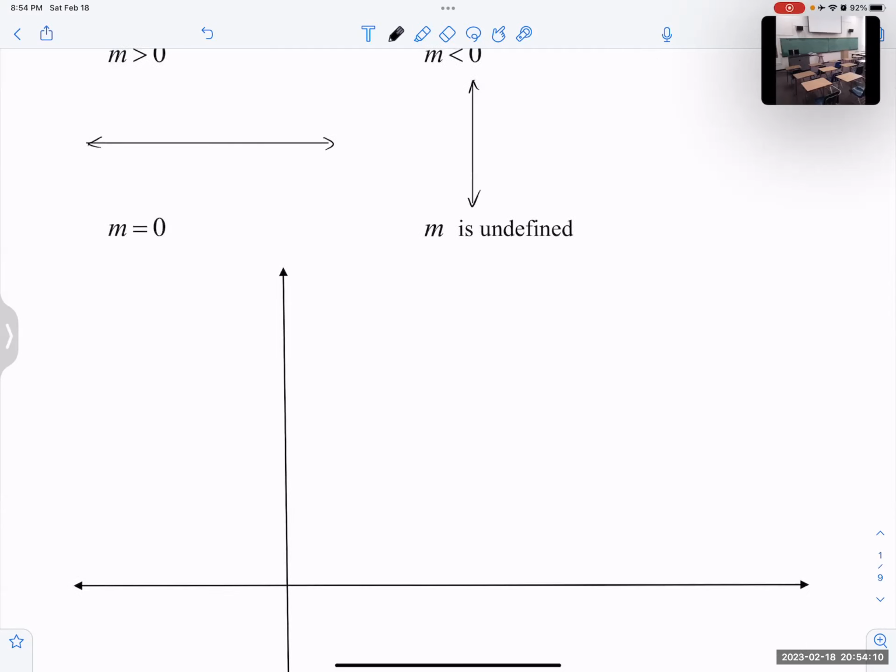Now we're going to derive the slope formula. So here are coordinate axes and a generic line with a positive slope.